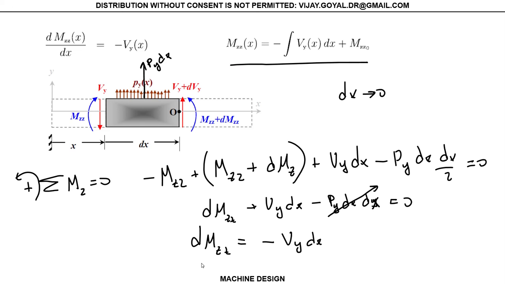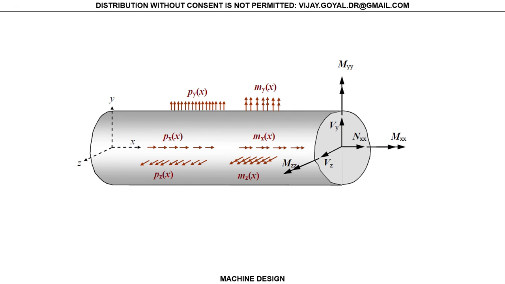Now, typically, life is not that easy because you really have a three-dimensional state of structure where you may have distributed moments, you may have a distributed load, you might have lateral distribution, normal distribution, and transverse distribution with their own moments, and it may have some point loads.